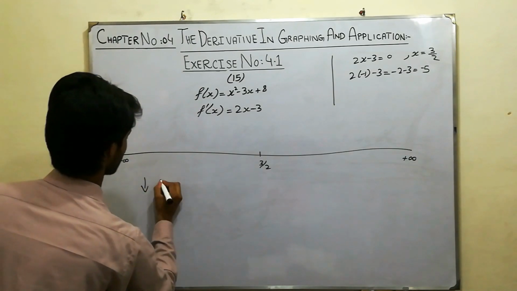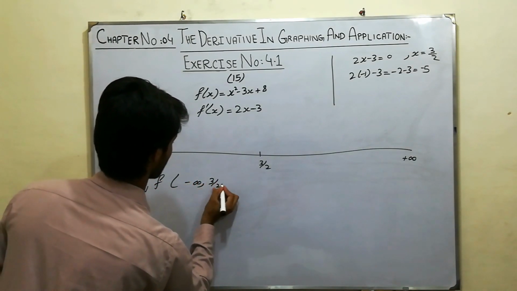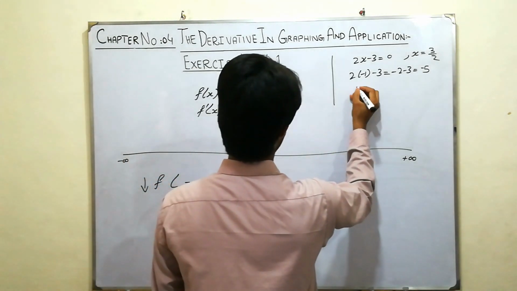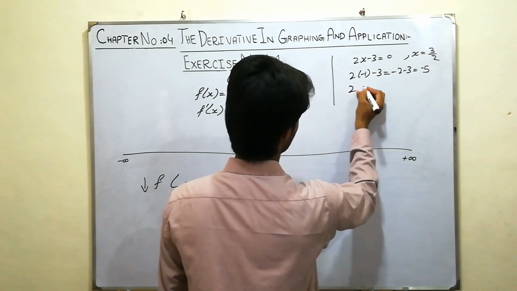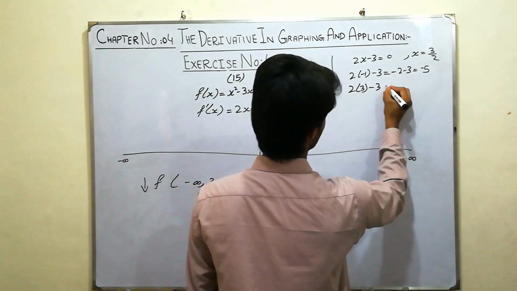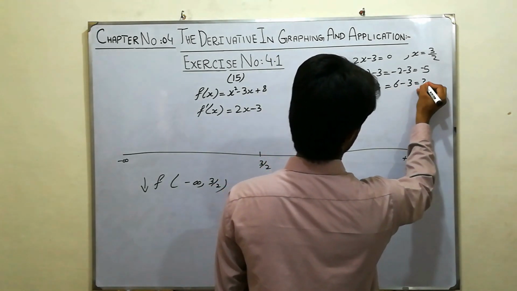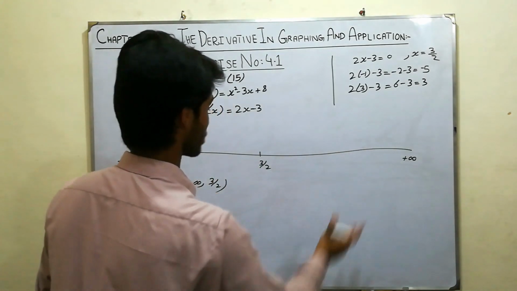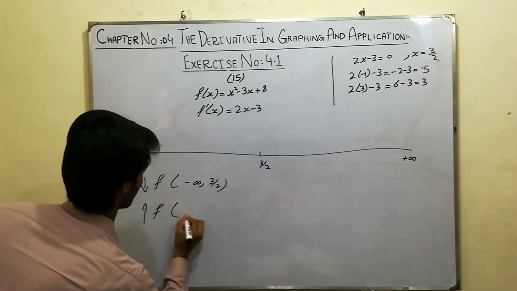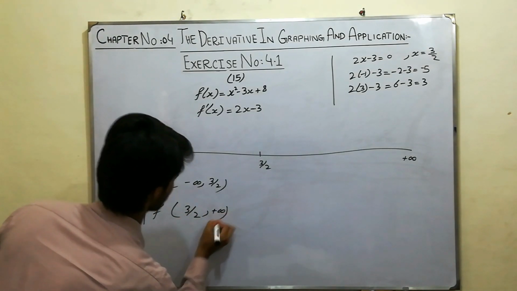If we put a value greater than 3 by 2, let's suppose 3, you can see that we have a positive value. It means the function is increasing from 3 by 2 to plus infinity.